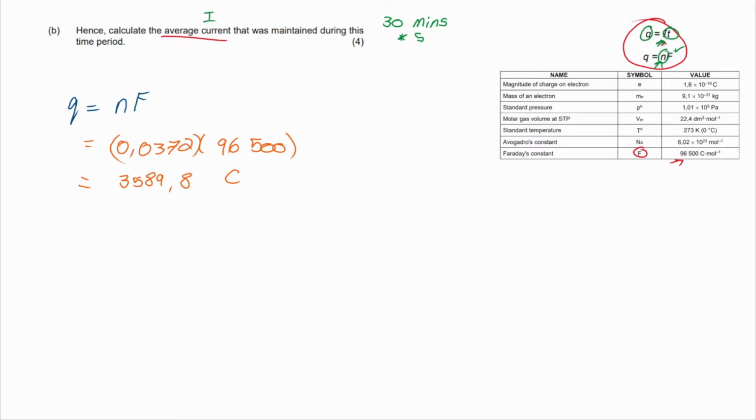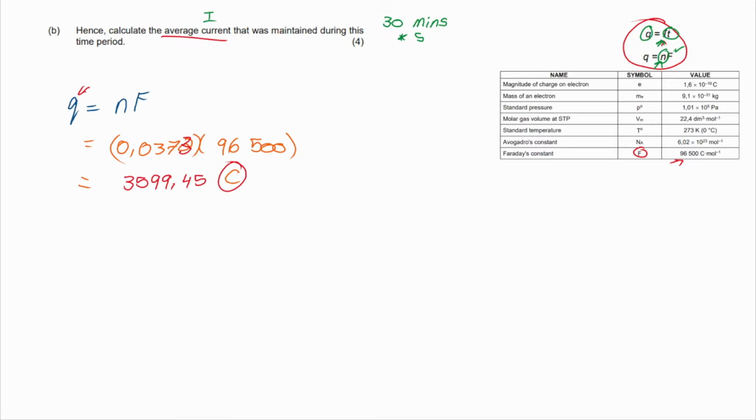Q is charge. I see immediately we're going to be getting a different answer from the memo. That's a bit frustrating, because they obviously use this as 3. I'm just going to commit by using it as 3. I'm going to change my mind there. So I'm going to be using 0.0373, and I'm going to be getting 3599,45 coulomb. Remember it's coulomb because this is charge.